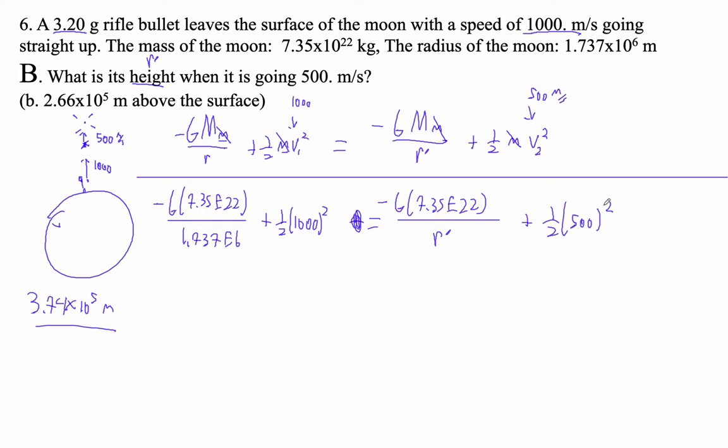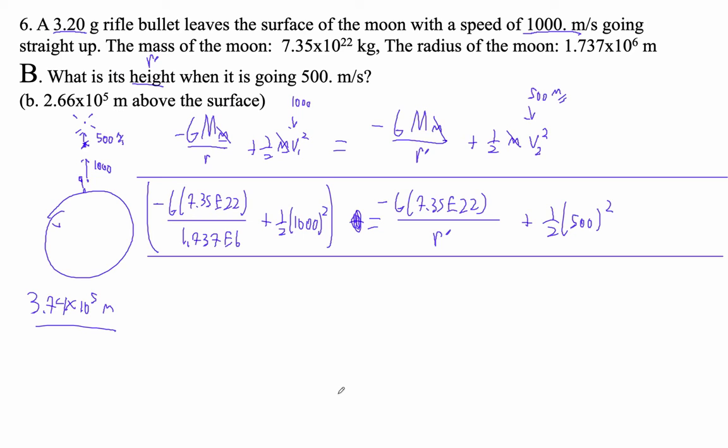Okay, let's figure this out. I'm going to figure out this entire left side just for kicks. So the opposite of 6.67 E minus 11 times 7.35 E22 divided by 1.737 E6.